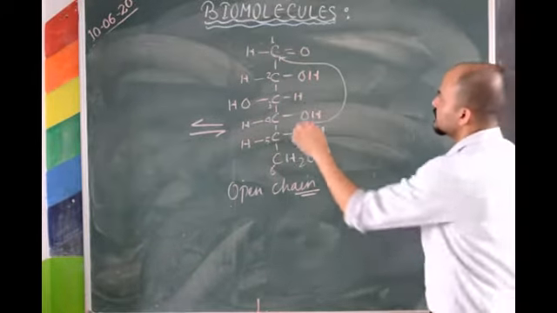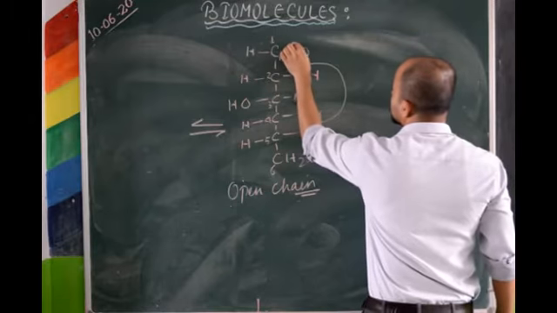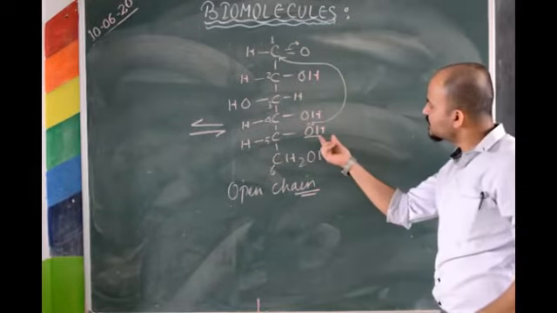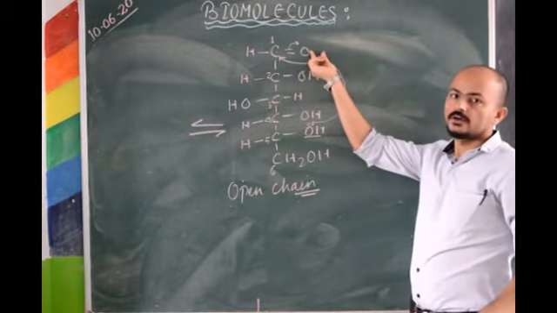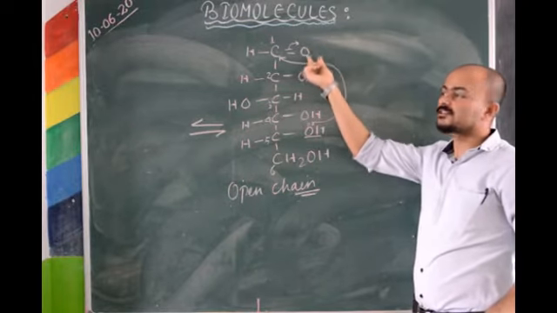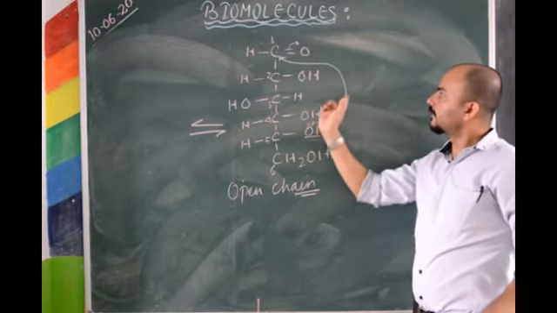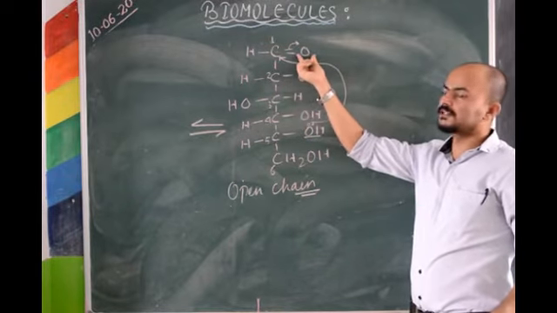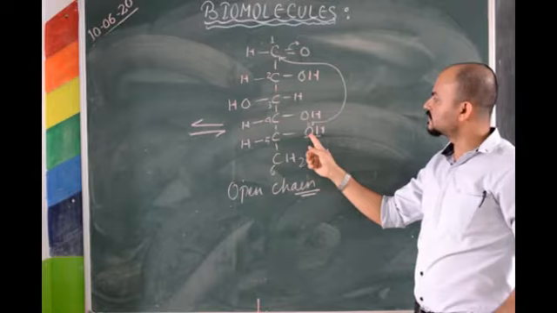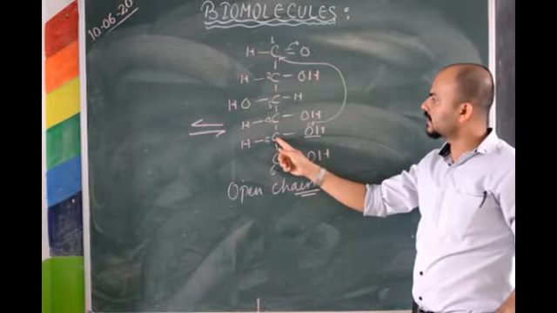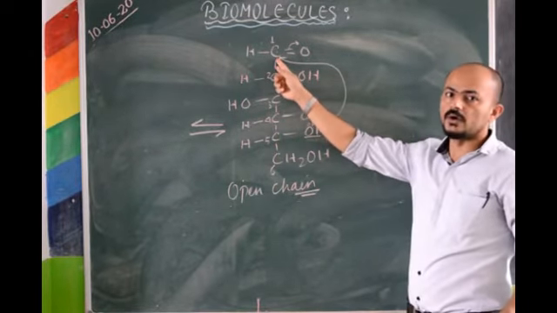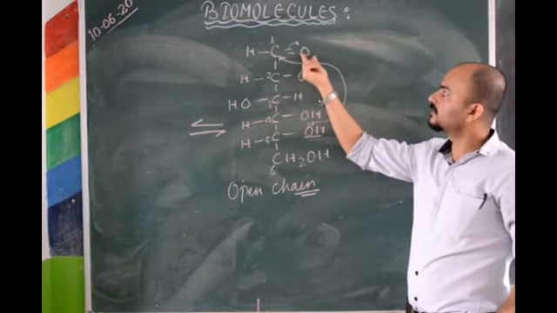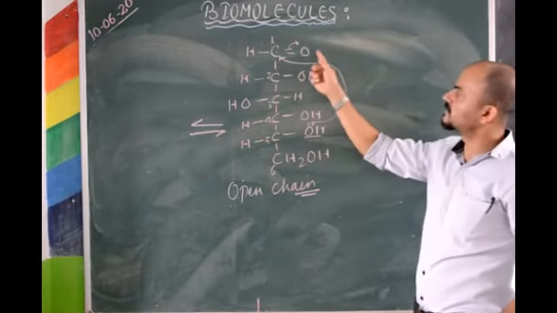Based on this, what will happen? The double bond will shift this side, and this H will be shifted to the O minus. After this reaction within the molecule, the oxygen will be bonded between carbon number 5 and carbon number 1, and with O minus, this H will be shifted here.